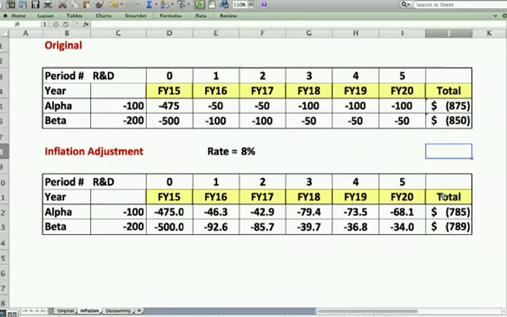Now, why is that? Why does it switch from one option to the other just by raising the inflation rate? I mean, it makes sense, of course, that the numbers would get smaller at an 8% inflation rate. Notice these numbers here, all in absolute value terms, get smaller, right?